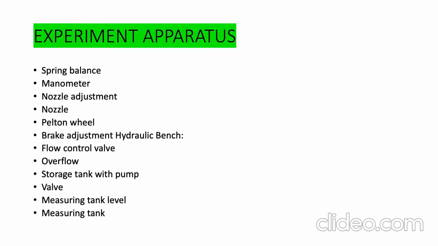So we can take a look at the experiment apparatus that we have used in this experiment, which contains about 12 items: spring balance, manometer, nozzle adjustment, nozzle, Pelton wheel, brake adjustment, hydraulic bench, flow control valve, overflow, storage tank with pump, valve, measuring tank level, and the last one is the measuring tank.